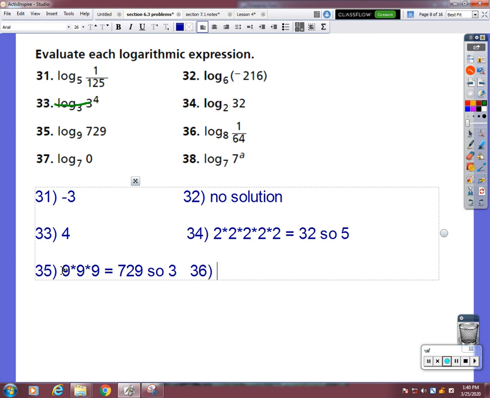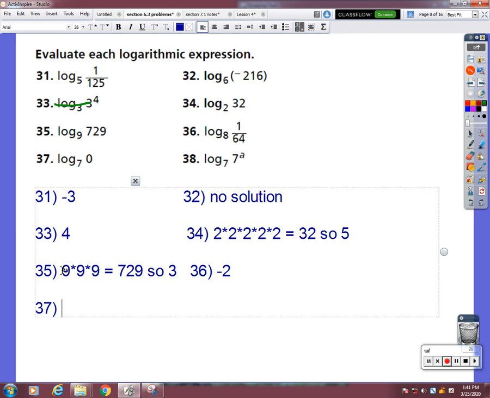Number 36. I know that 8 squared is 64. So 8 to the negative 2 is 1 over 64. 37. 7 to the what power is 0? That's nothing.